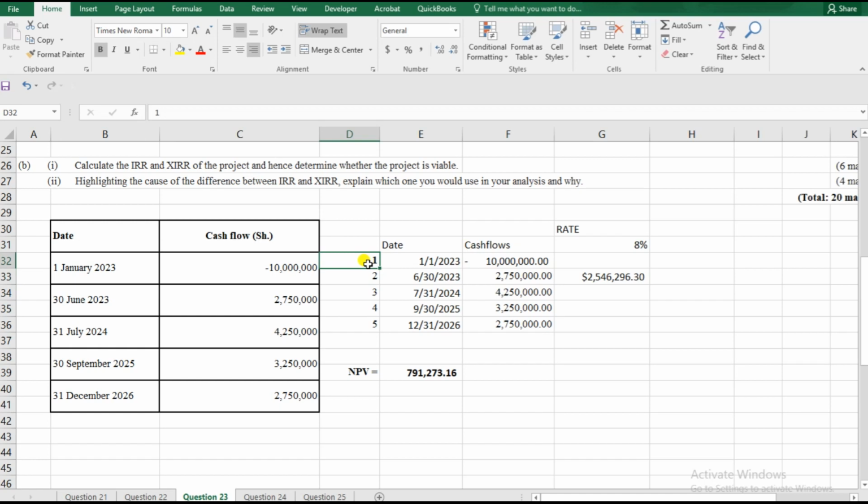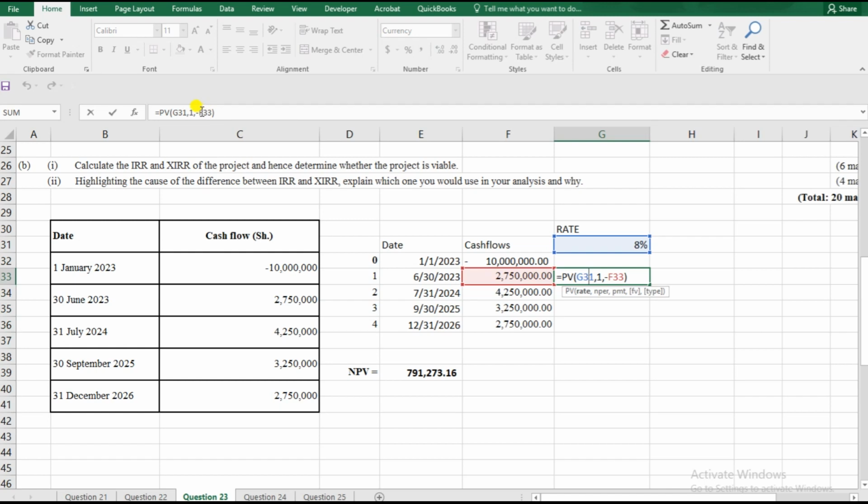Then the same procedure here. What you can do, you can have here period 0, because initial investment, then 1, 2, 3, 4, so that you can copy your function clearly. Let me just show you this shortcut of ours. My period 1. What we can lock, of course, is the rate.